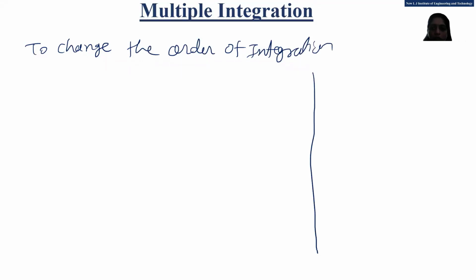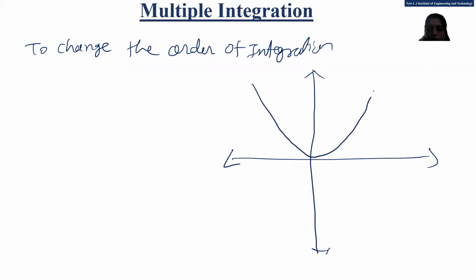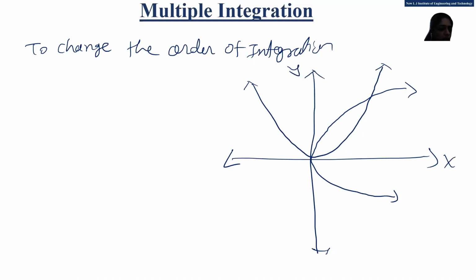Suppose we draw the same graph with the horizontal strip, and that is this one, right? This is the x-axis, this is the y-axis.